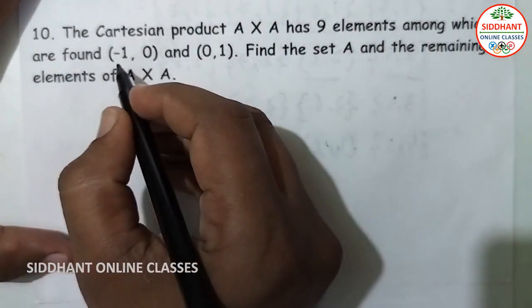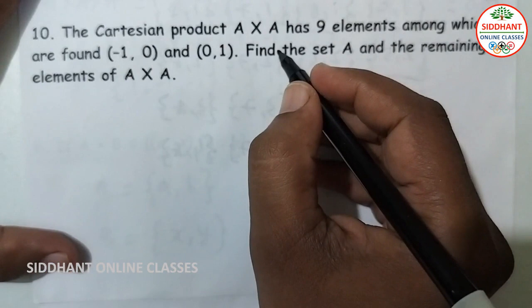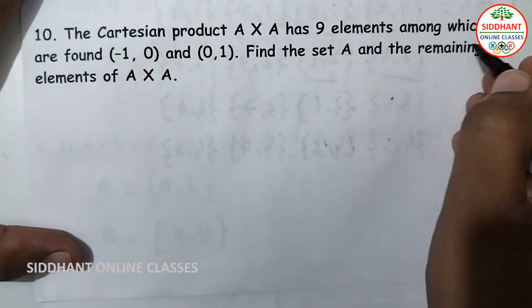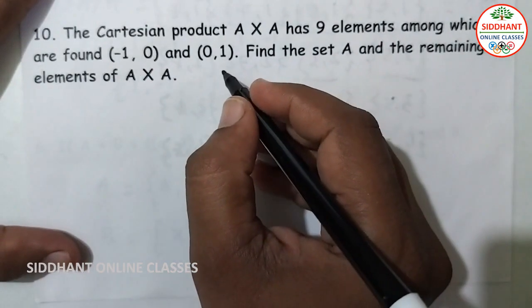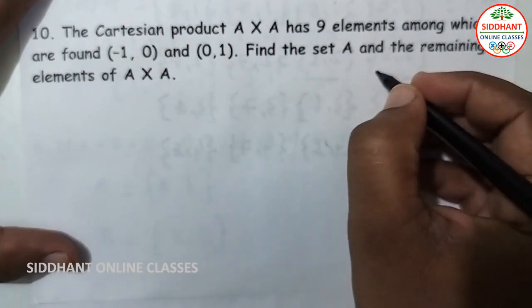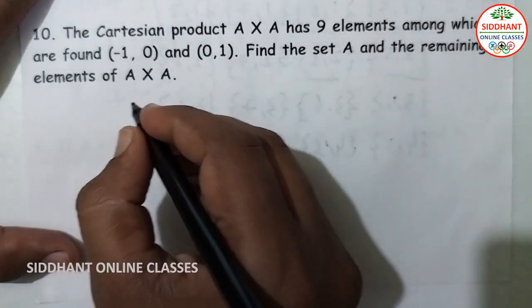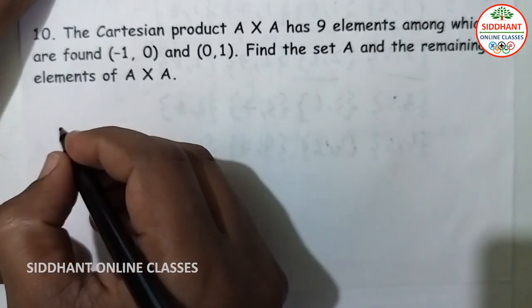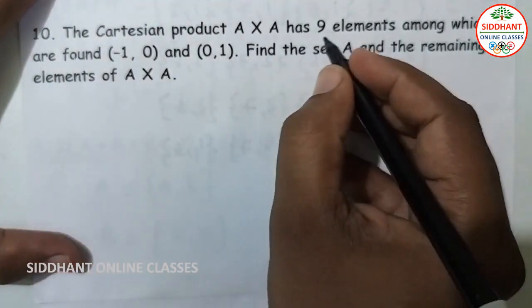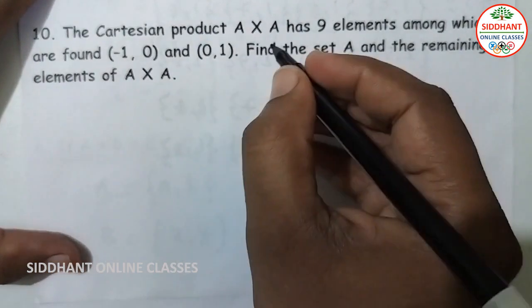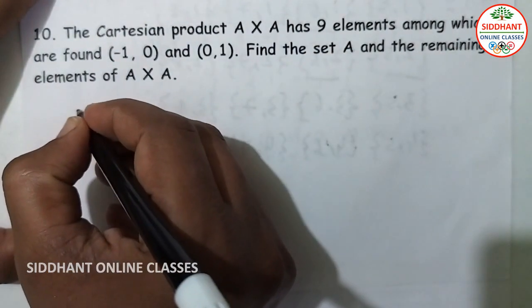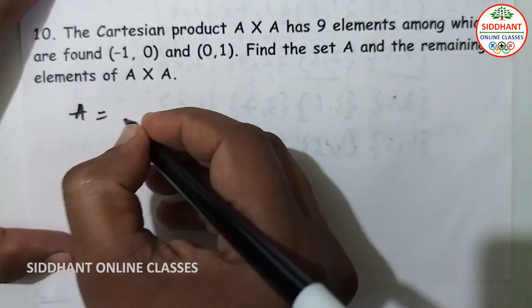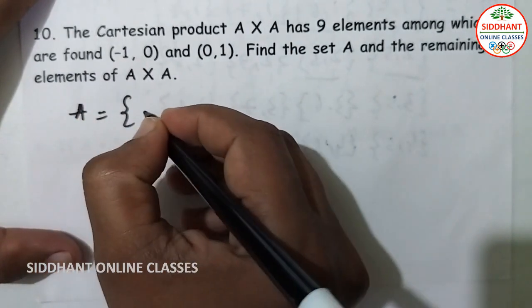Question number 10. The Cartesian product A cross A has 9 elements, among which are found -1, 0, 0, 1. Find the set A and the remaining elements of A cross A. So here 9 elements we are going to say as A cross A. Then A set will have 3 elements here.